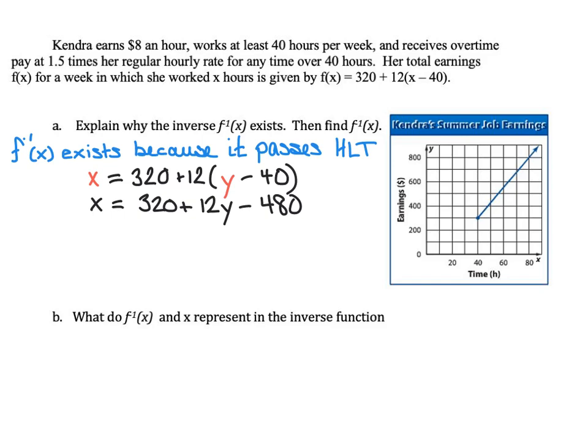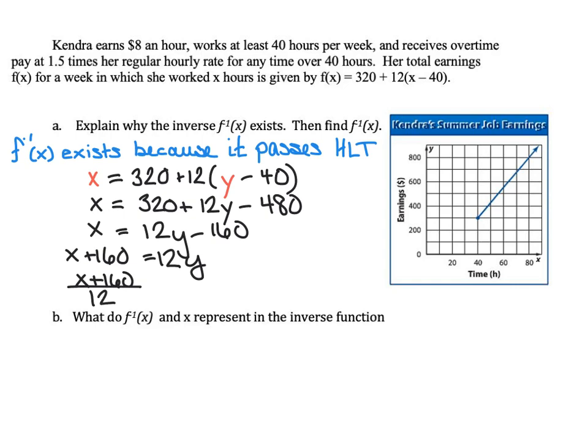Combining like terms gives me 12y minus 160 equals x. I'm going to add 160 to both sides to isolate y, and then I'm going to divide by 12 to get x plus 160 over 12 equals f inverse of x.